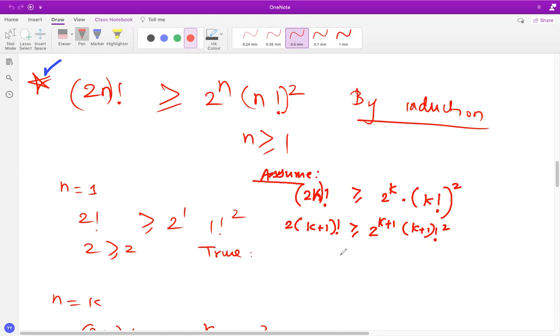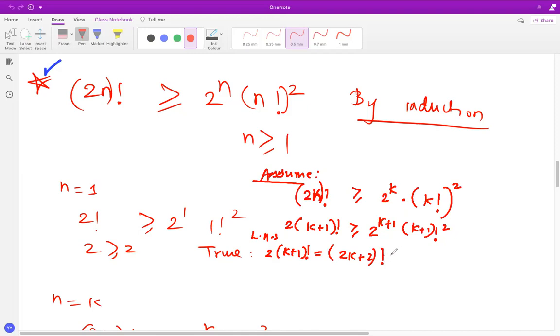So this is what I have to prove eventually. When we are doing this, I am going to start with my LHS. So LHS is (2k+1)!, so basically this is equal to (2k+2)! overall.